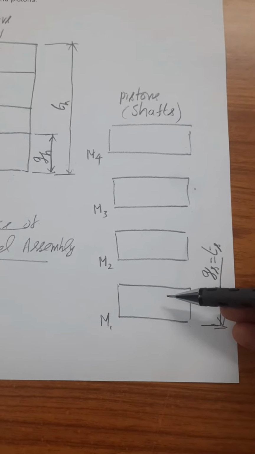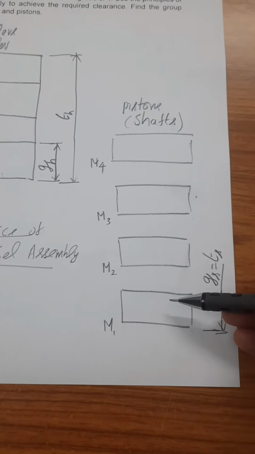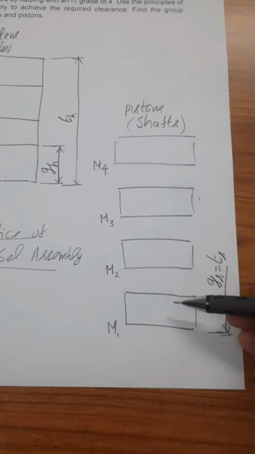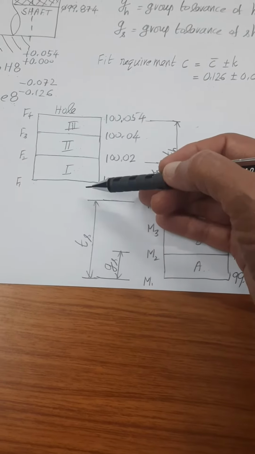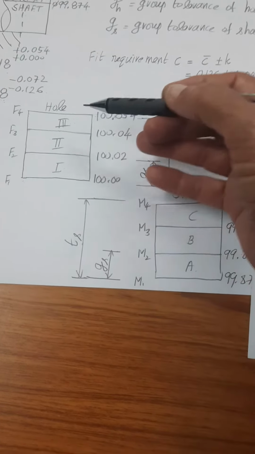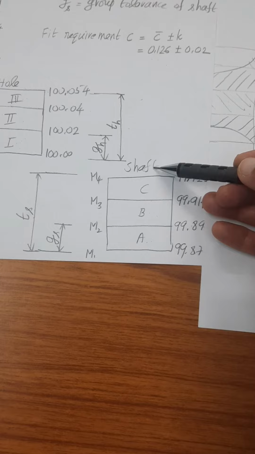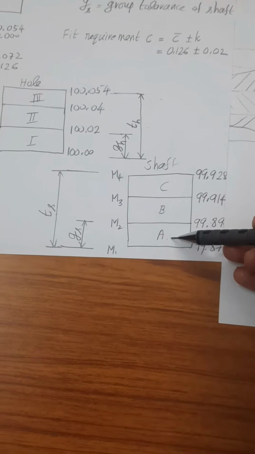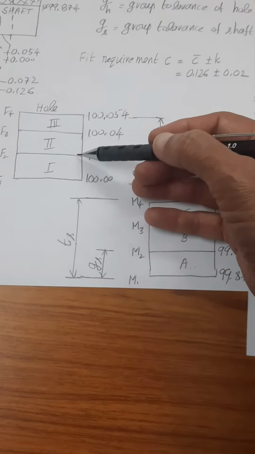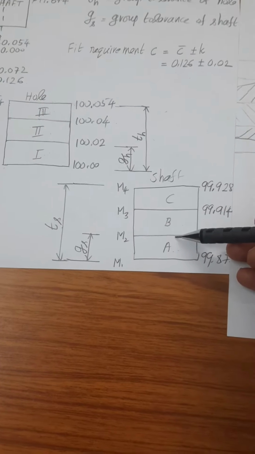So this is the main difference between type 1 and type 2. In type 1, which we discussed in the last session, we manufacture 1000 holes and 1000 shafts. After manufacturing them, we have to measure each and every hole and each and every shaft.